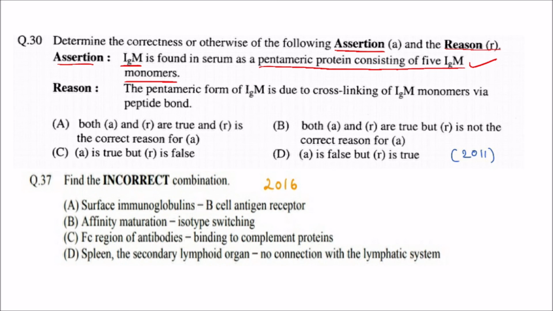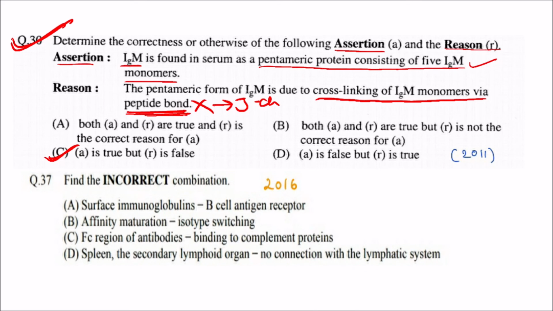The reason is, the pentamer form of IgM is due to the cross linking of IgM monomers via peptide bond. This is wrong. They are not connected through peptide bonds, they are connected through the J chain or disulfide bonds. So this reason is false. A is true but R is false. I guess this is the correct option. You can check this question in your answer key also.